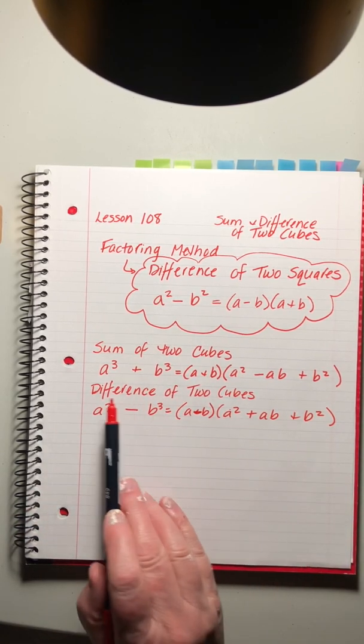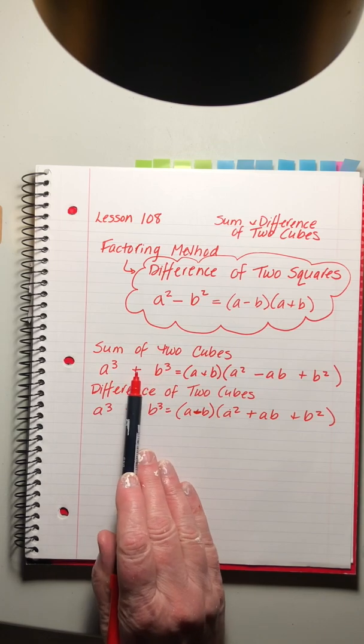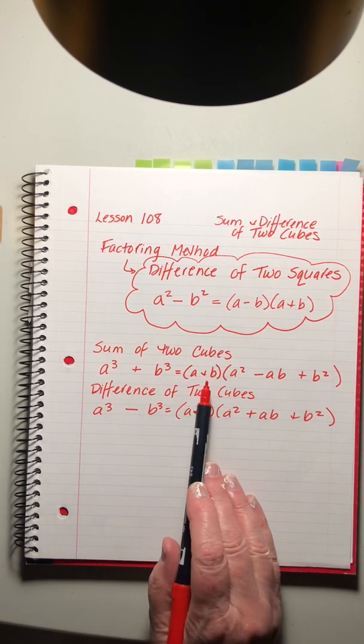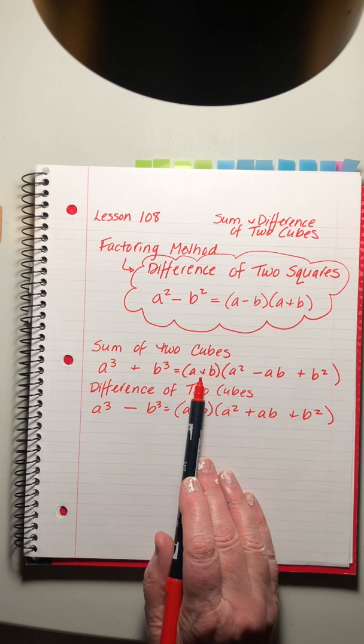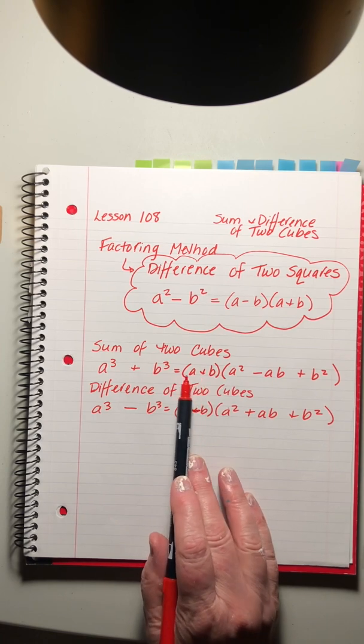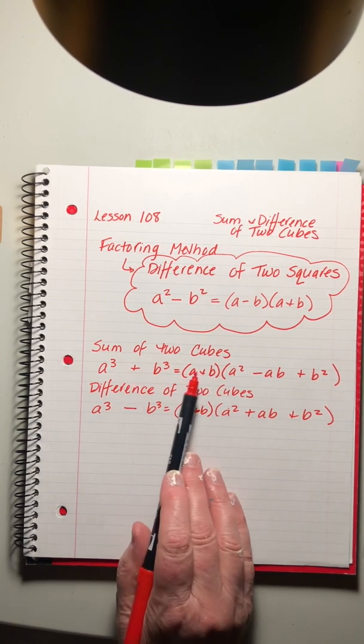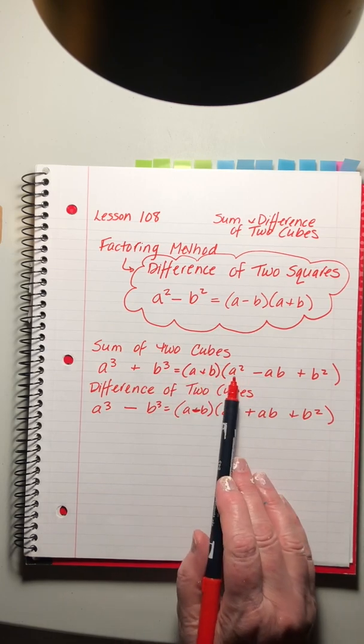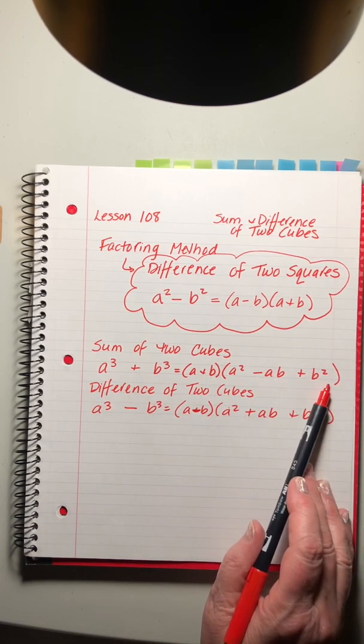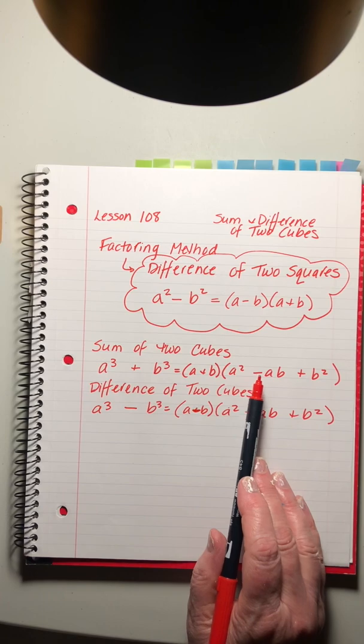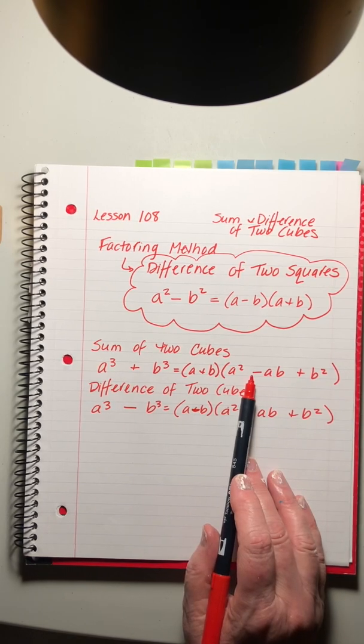All right. When we have two cubes that we're adding, the little binomial that comes first with just the A and the B, that sign matches. It's also adding. Then we go into this A squared, AB, B squared thing. The first one is the other sign, right?